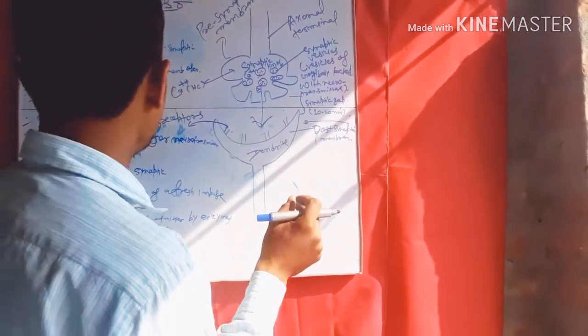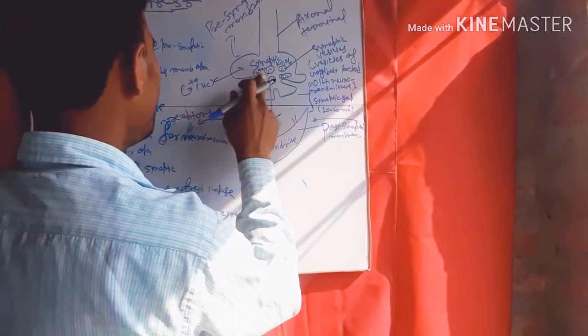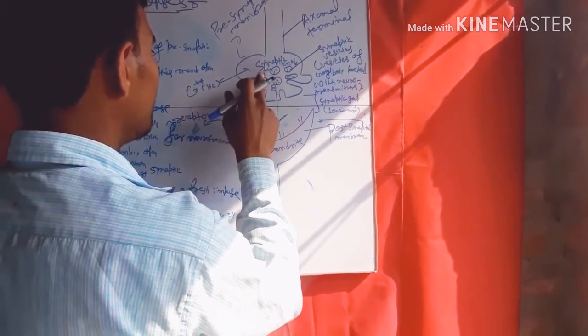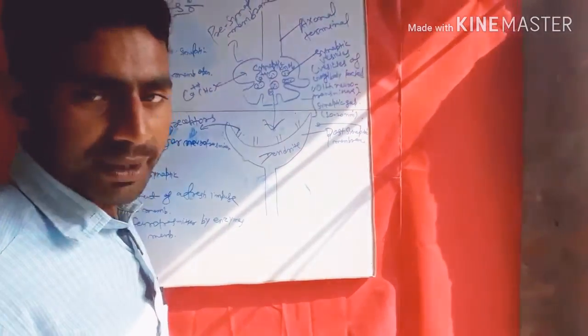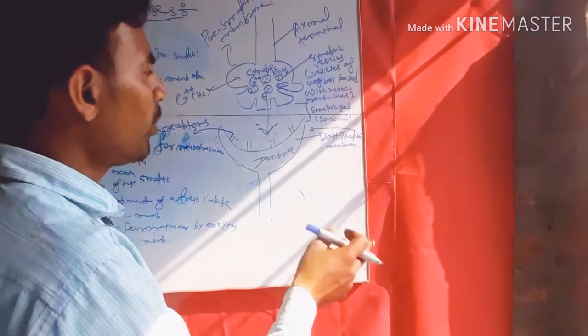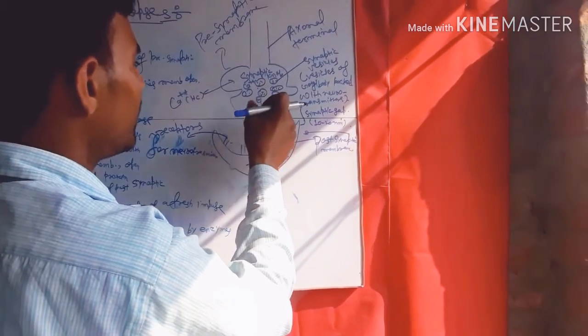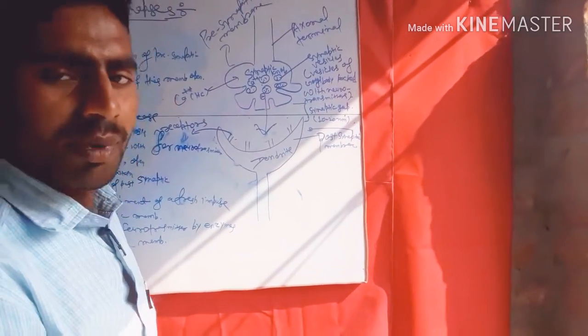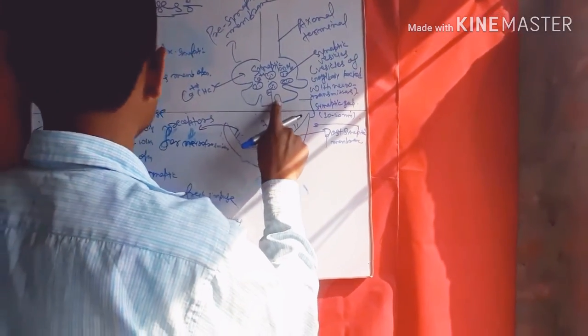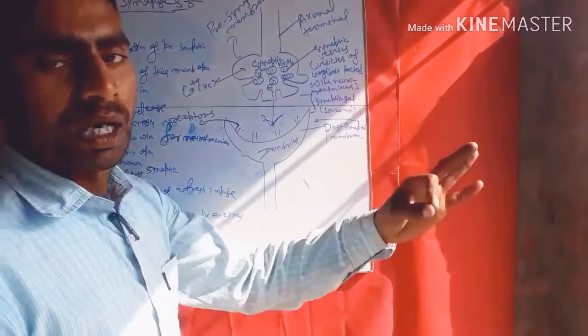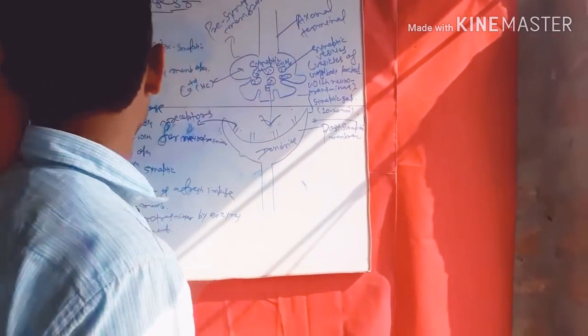Then what happened? Calcium ion channel protein of this membrane opens. After that, influx of calcium ion. After that, what happened?